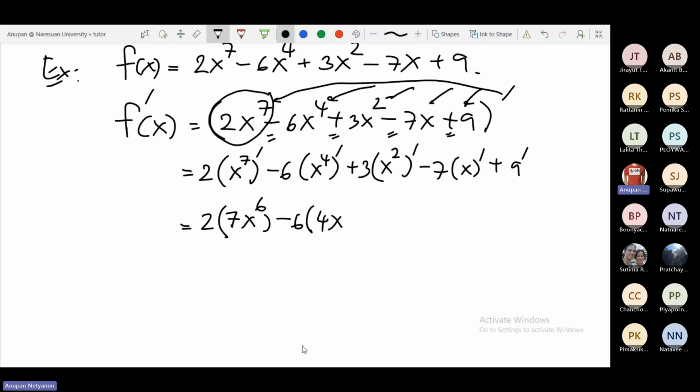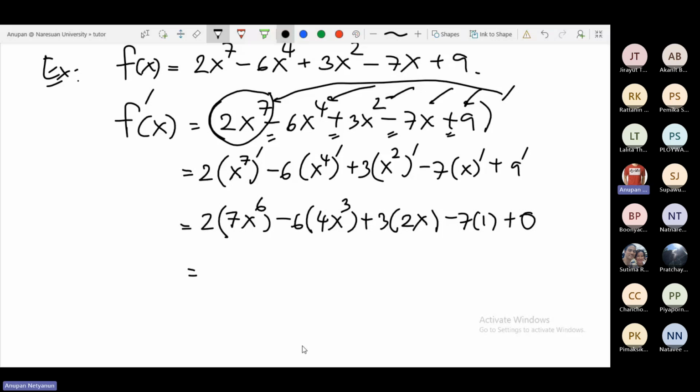Reduce 4 by 1. So you have 3. And this one, bring down the 2. Reduce 2 by 1. 2 subtract 1 is 1. So x to the power 1 is x. And then the derivative of x, dx by dx, is 1, right? And derivative of constant is 0.